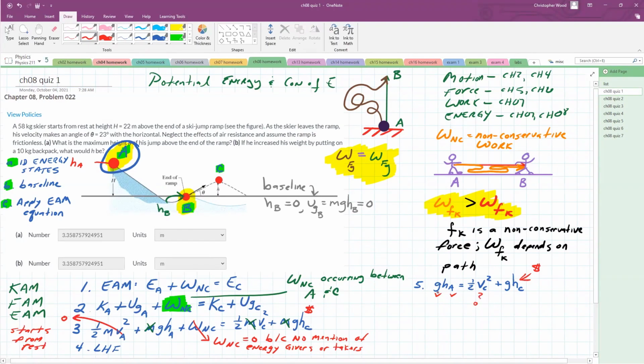What's v_C? What's my launch velocity? Let me draw this, this is v_C.